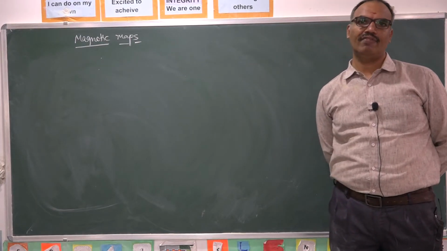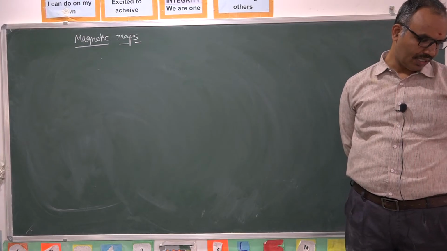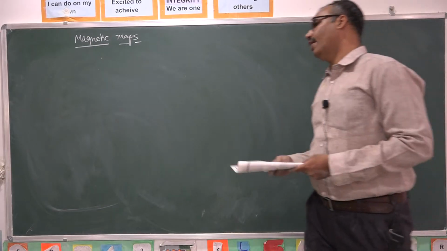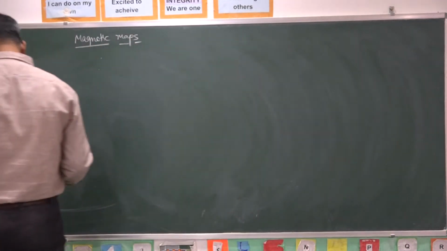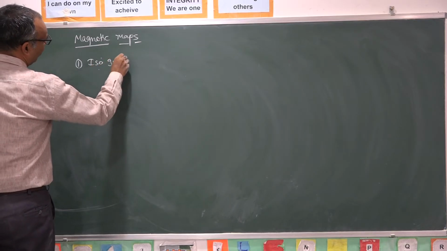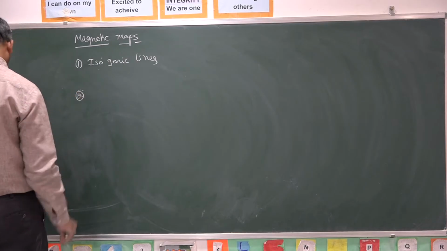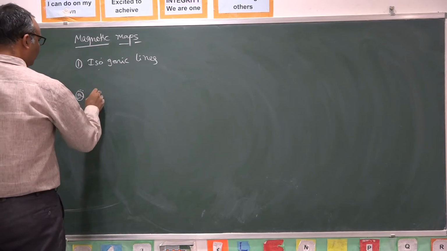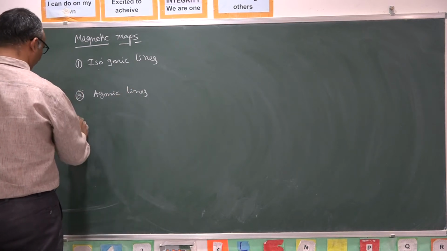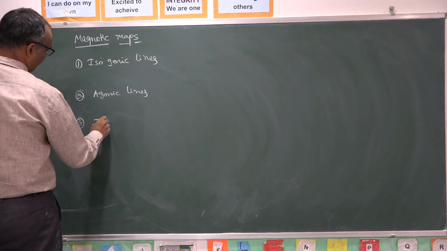These magnetic maps consist of different kinds of lines. We name those lines in this order. The first set of lines are called isogonic lines. The second set are called agonic lines. The third set are called isoclinic lines.